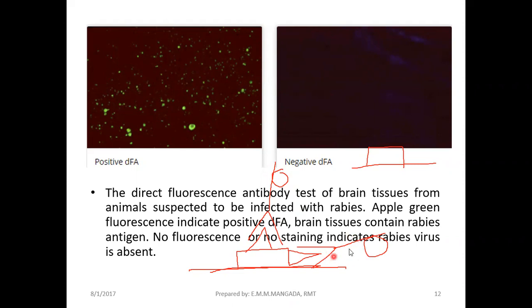Kasi you have to take note na retain yung antibodies natin, nakabind na sila sa antigen, yung antibodies na yon ay FITC labeled. So, ang nakikita natin actually is yung label nung ating mga bound antibodies doon sa antigen. So, this will be read as positive direct fluorescent assay. Ibig sabihin, this tissue is actually containing the rabies antigen.